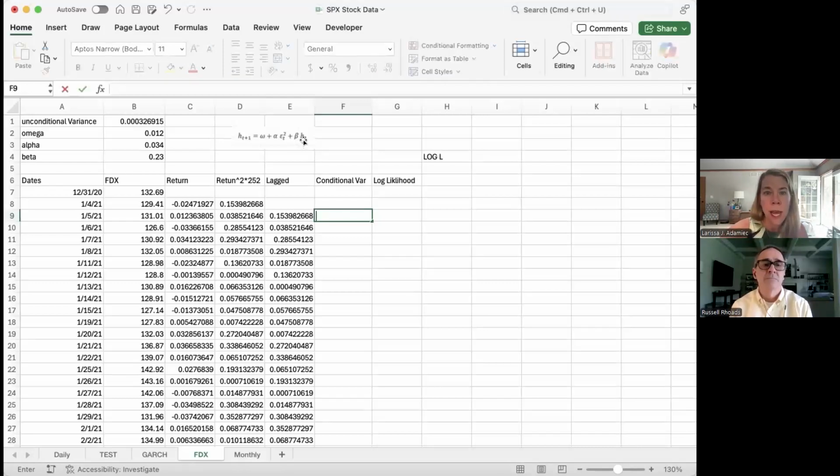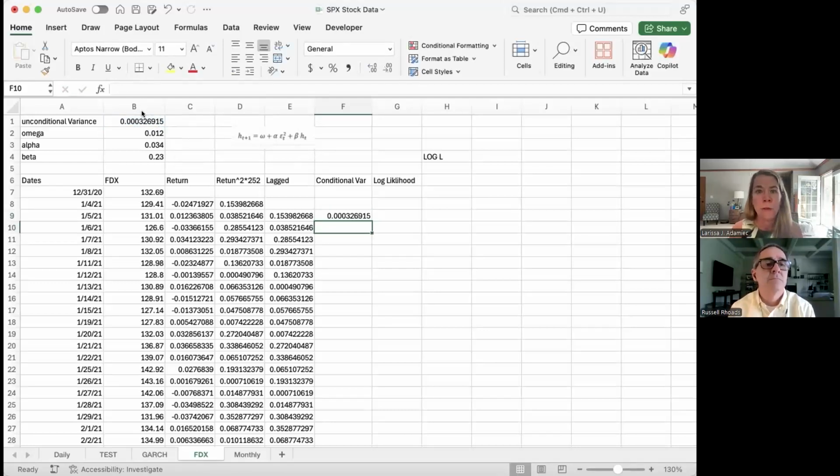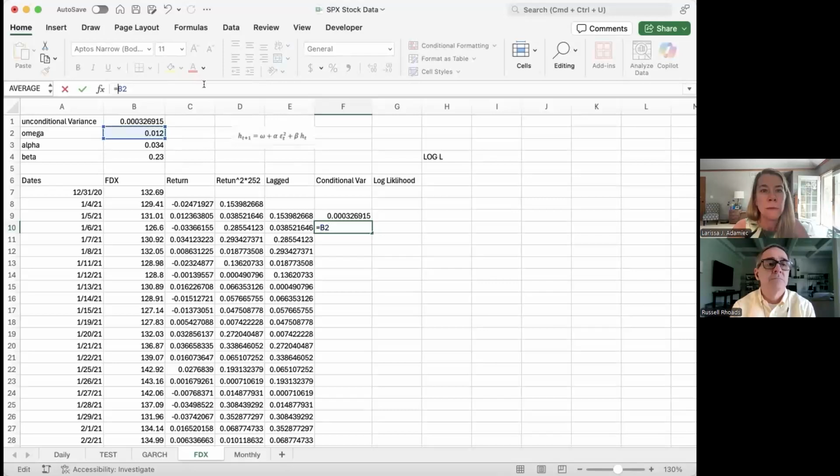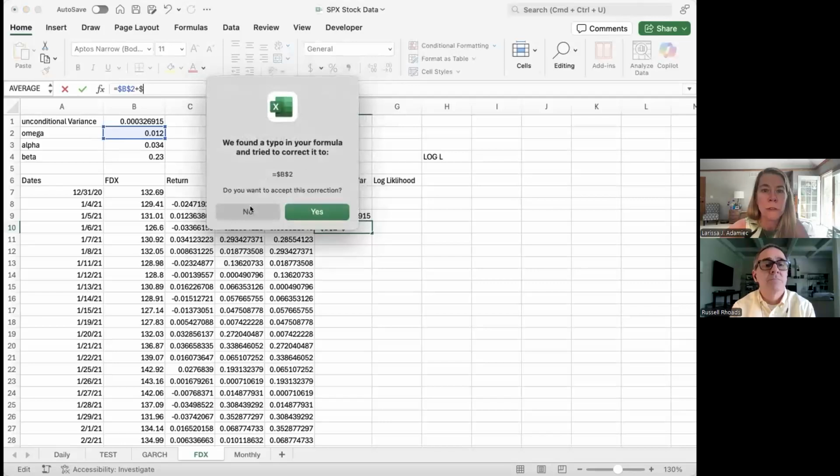So let's go ahead and put in our unconditional volatility. So this is going to be the outlier. And now we're going to take and say omega. And remember, this is our intercept. Now we're going to add, oops.